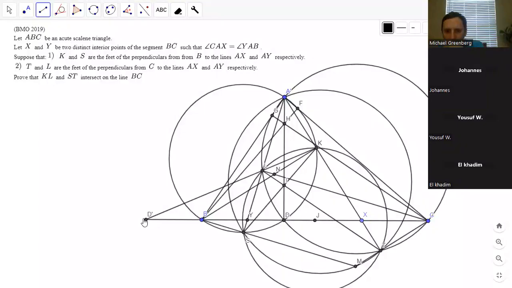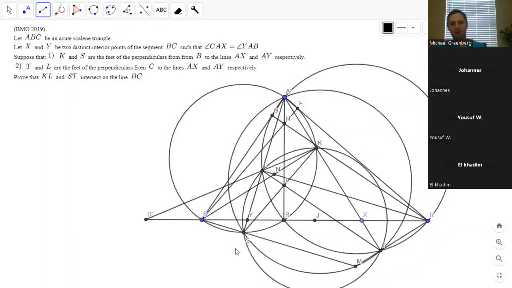And we use BXK is similar to CXT. And then there's another, BYS is similar to CYL. Exactly. And I think one more, like ASB is similar to ATC or something like that.